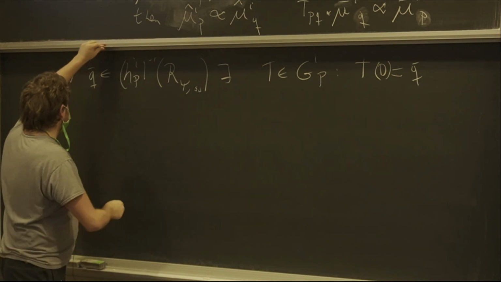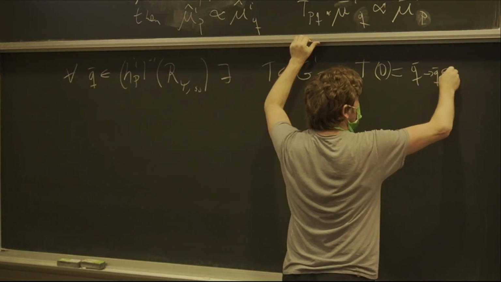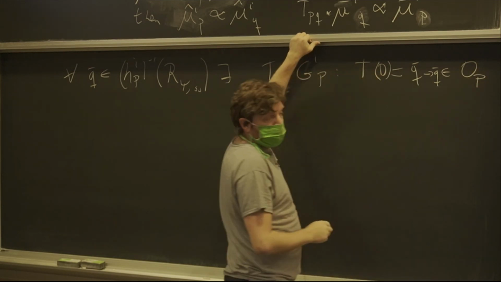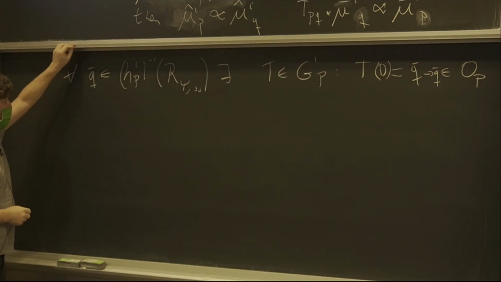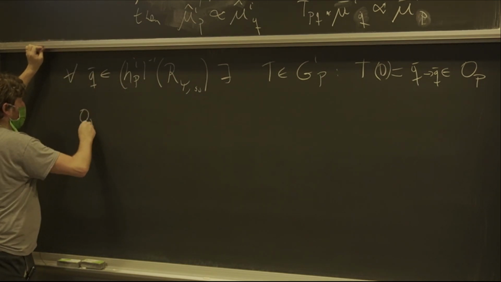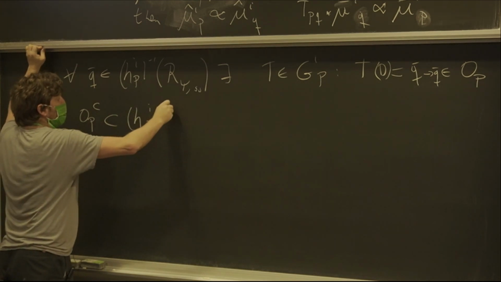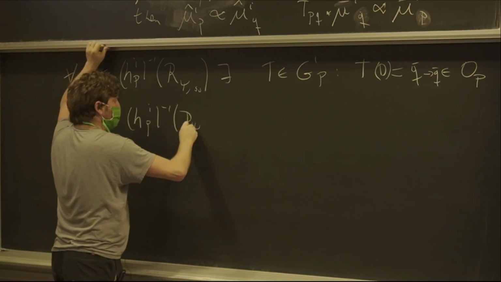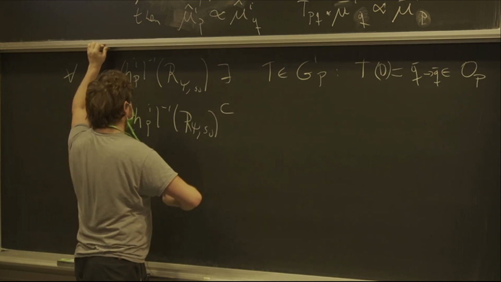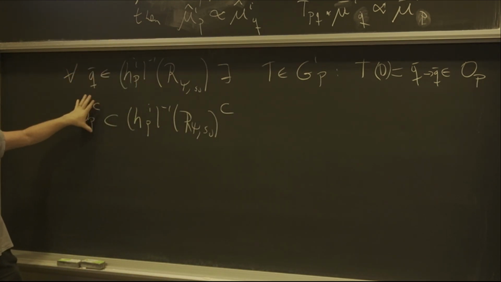And this implies q bar belongs to this orbit of P. And on the other hand, this guy has full measure. So what I showed is that OP complement is contained in the complement of this guy. And I know that this guy has 0 measure, and hence this guy has 0 measure.